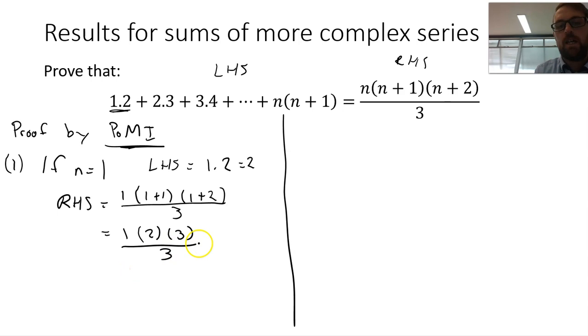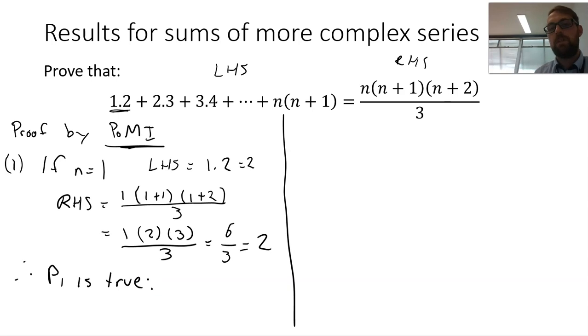If we do the top row, 1 times 2 times 3 is 6, 6 divided by 3 is 2. So therefore, P of 1 is true. They usually come out pretty nicely like that. The only other thing is maybe I could have written P of n equals this thing, but hopefully we could recognize that as well.